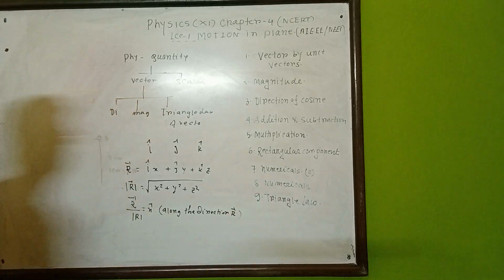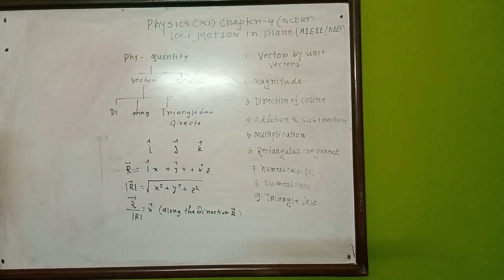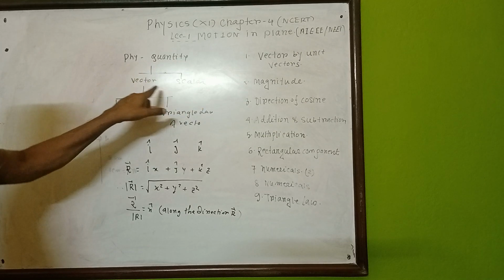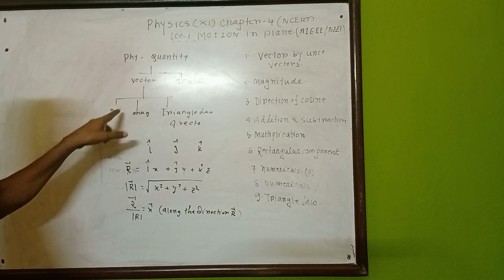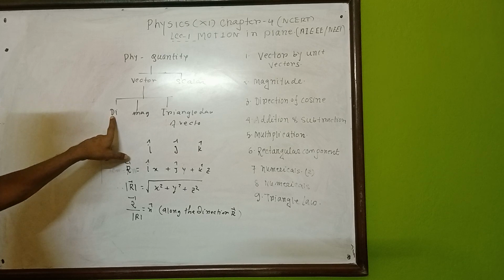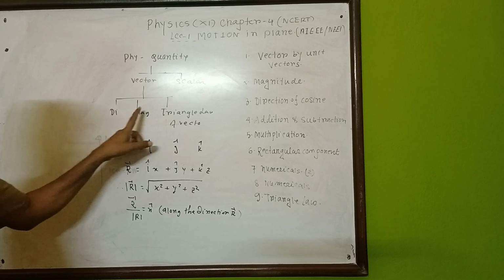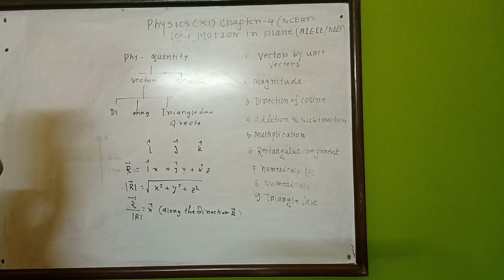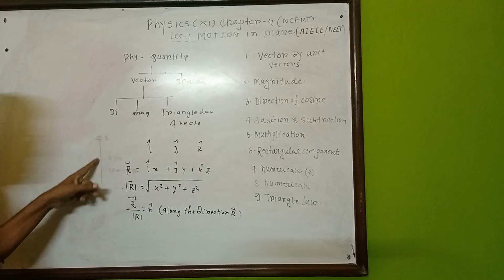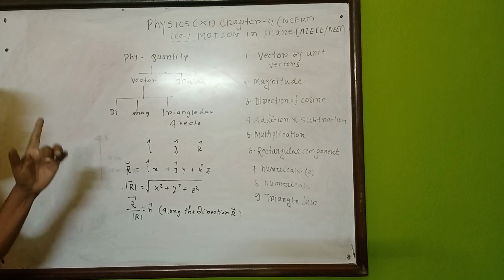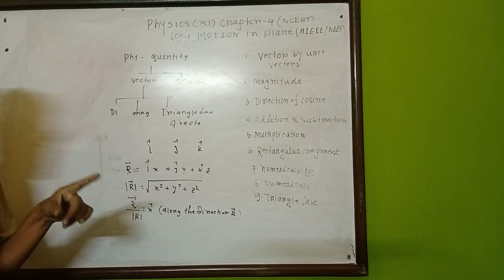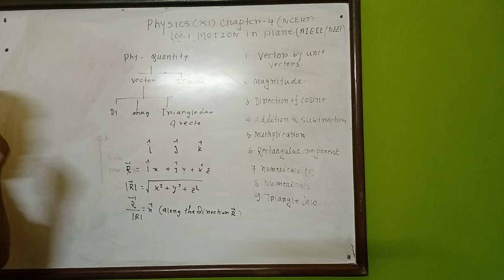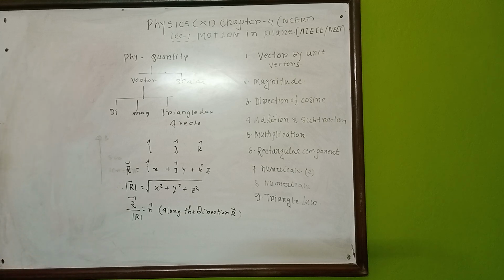So what I have done today: I have told you a physical quantity is a measurable quantity, classified in two groups, vector and scalar. A vector is a physical quantity having direction and magnitude, and it follows the triangle law of vector addition. It can be represented by the geometrical method: you draw a line, an arrow gives the direction and the length of the line gives the magnitude. Now i, j, k are the three unit vectors.